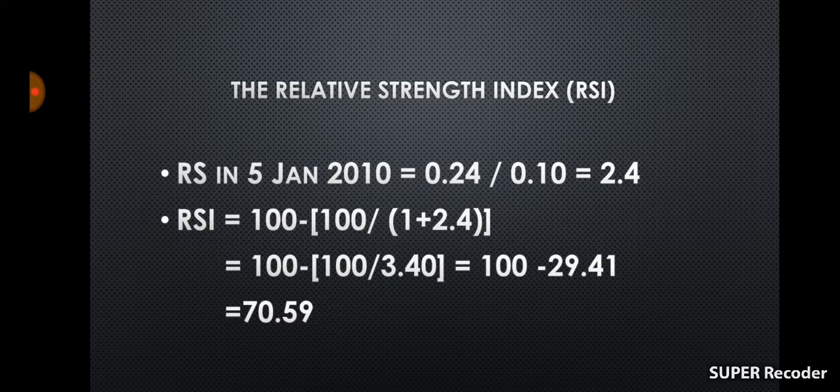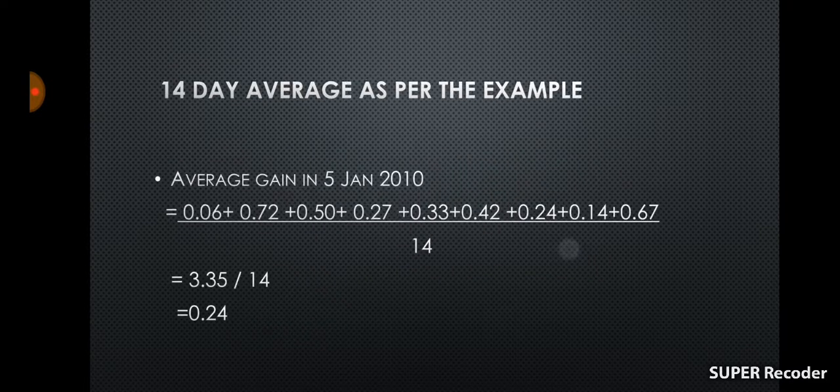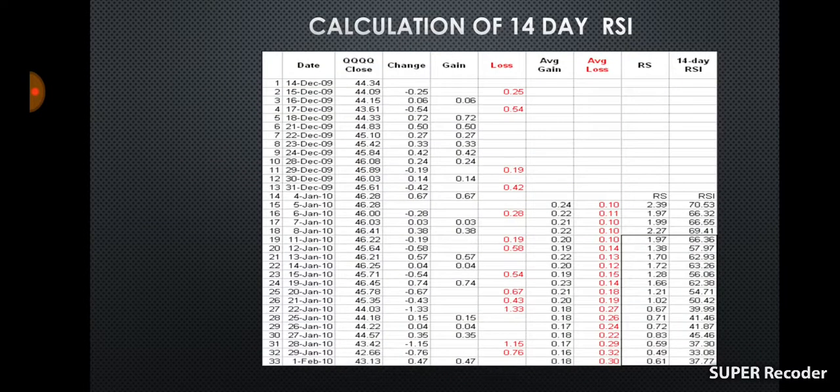So on 5th January 2010, the RSI is 100 minus 100 divided by 3.40, which is 100 minus 29.41, equal to 70.59. So we have got the relative strength index for 5th January.